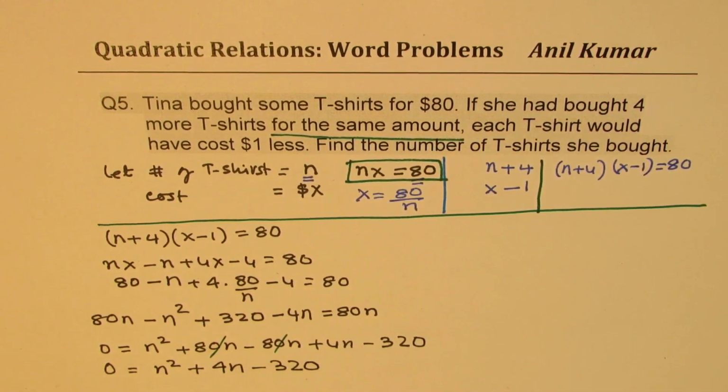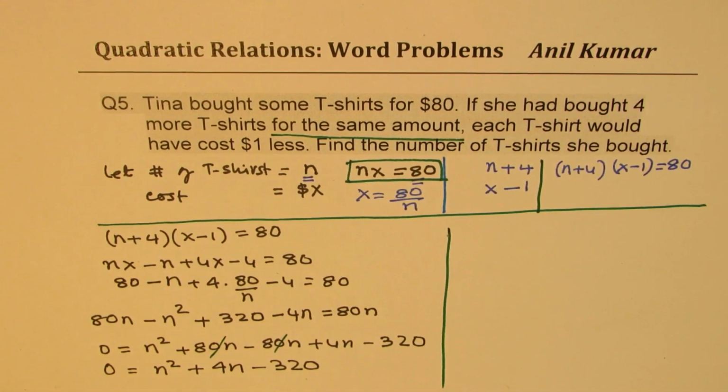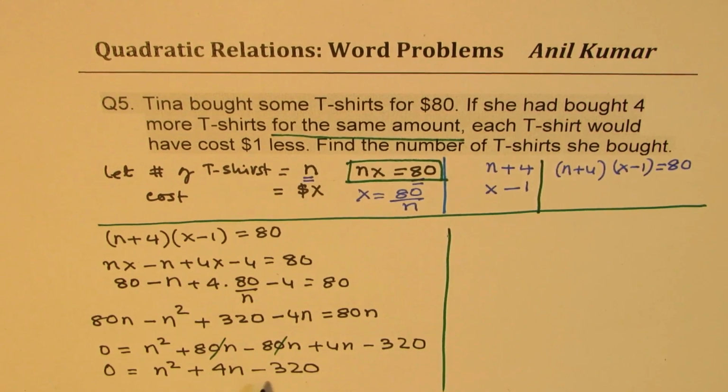Correct? Now we need to factor this and get the value of n. So what two numbers can be multiplied to give you 320 and differ to give 4? That could be 16 and 20, right?